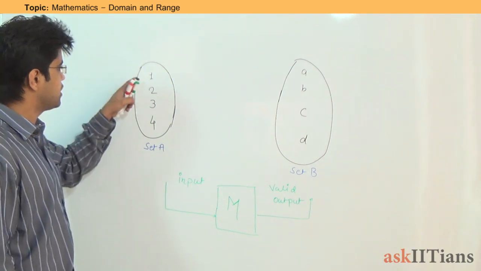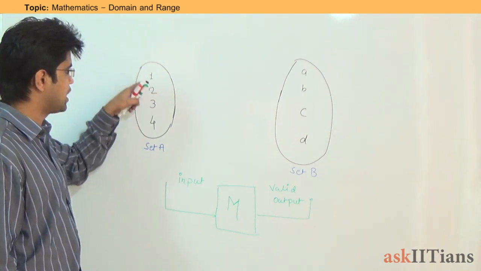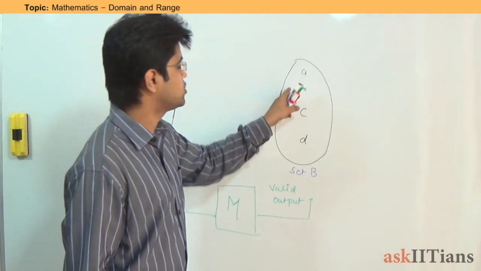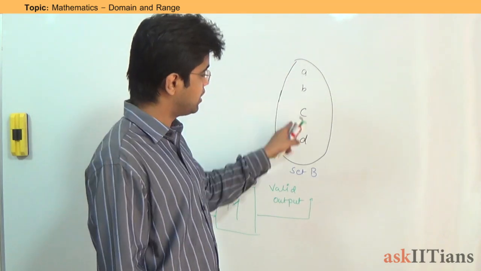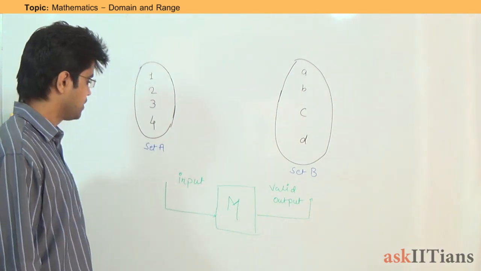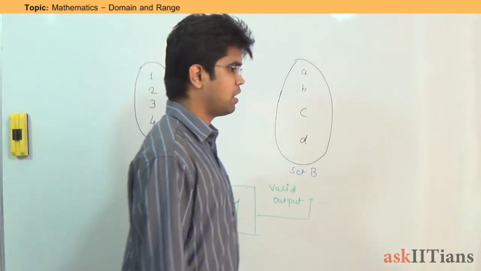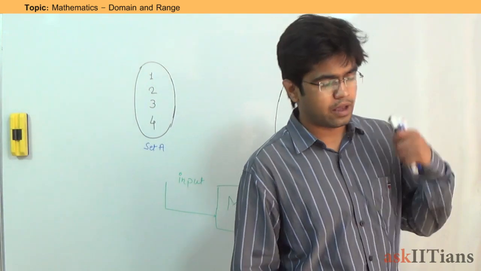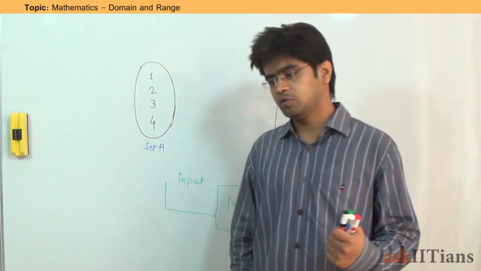So we are going to assume that each and every element, that means all these four elements, are mapping with at least one, mapping with only one element here, so that the mapping will be unique. Now, let's take an example to study this thing.